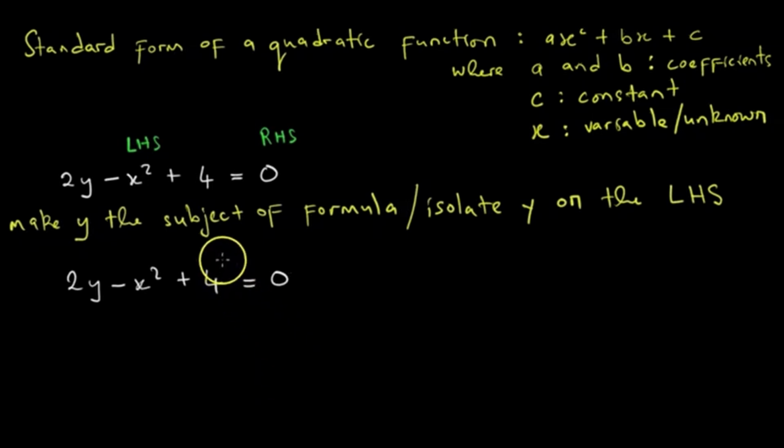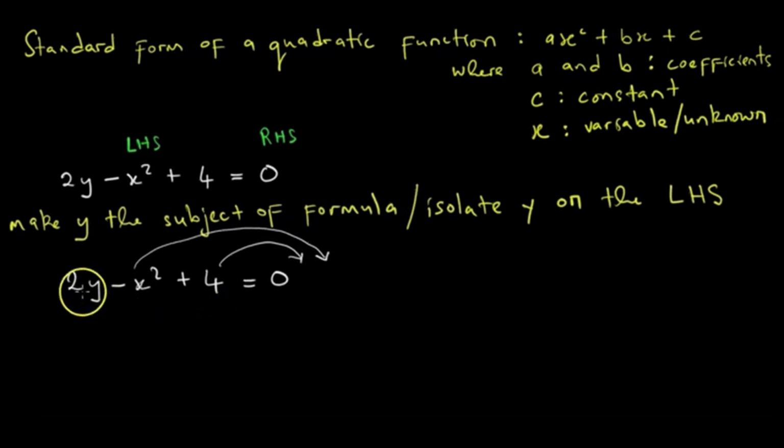That means we should transfer everything else to the other side of the equal sign. But when we are transferring terms and numbers to the other side of the equal sign, what happens is there's going to be a change of the arithmetic sign. And by arithmetic sign, we are referring to the negative sign and the positive sign.